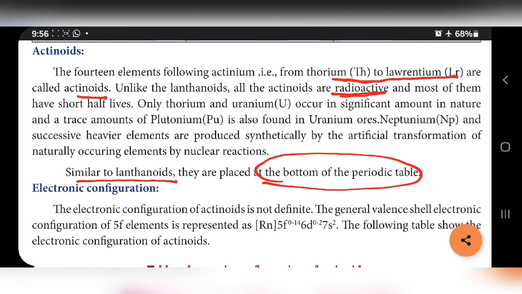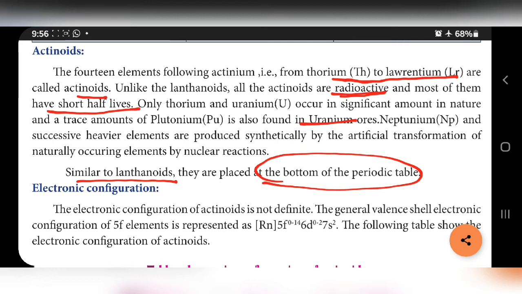All are radioactive with short half-lives. Only thorium and uranium are in significant amounts in nature, plutonium is present in uranium, and neptunium and successive elements are produced synthetically by nuclear reactions.